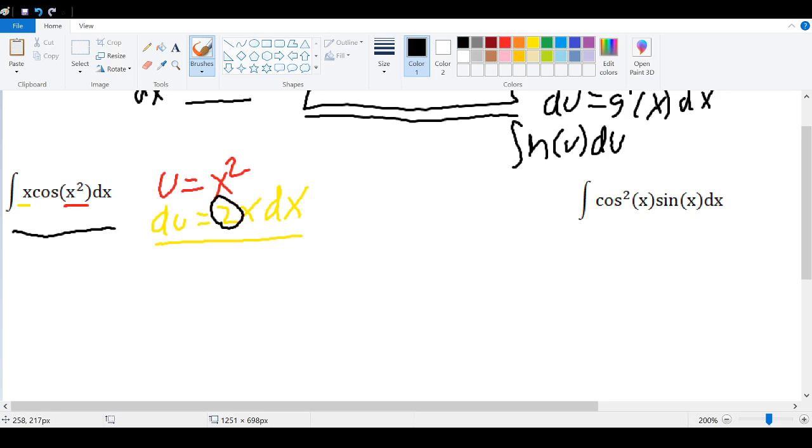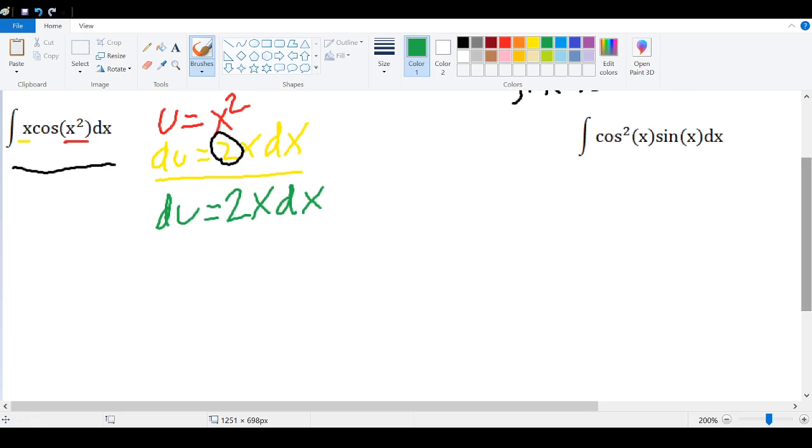This 2 does not appear in the integral, so we're going to have to work around that. But we can do it. So let's say we have du is equal to 2x dx. So if we bring the 2x to the other side, we now have du over 2x is equal to dx.